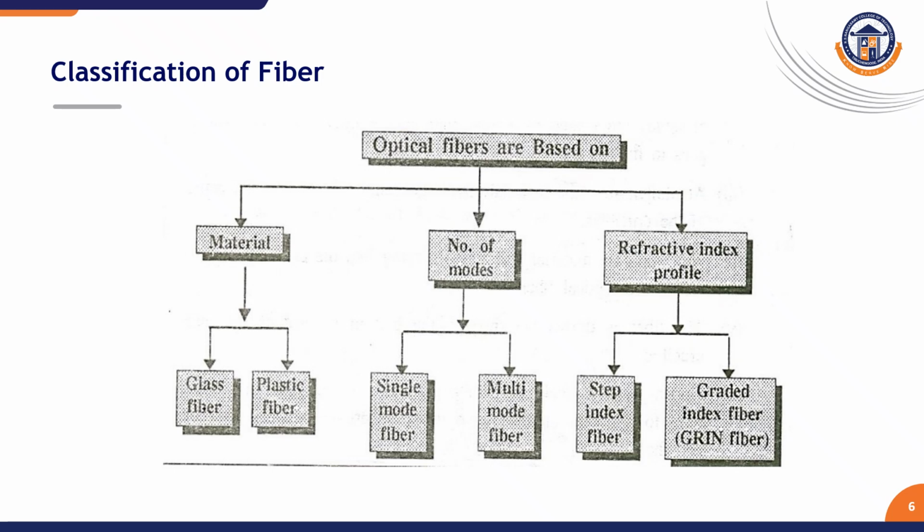The material is classified into two categories: glass fiber and plastic fiber. Number of modes is classified into single mode fiber and multi-mode fiber. And finally, the refractive index is classified into step index fiber and gradient index fiber.